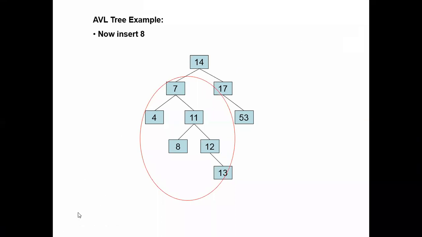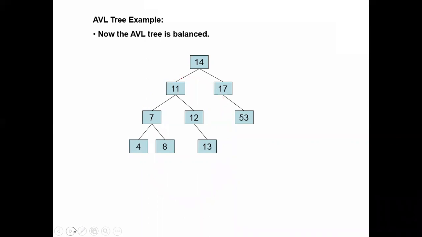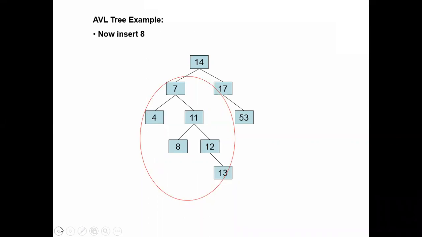Now again we have to work out what type of rotation to do here. Just check the previous slide: the balance factor of 7 is still imbalanced, that is 1 minus 1, 2, 3, so again it is minus 2. After rotating, the balance factor of 7 is minus 2.